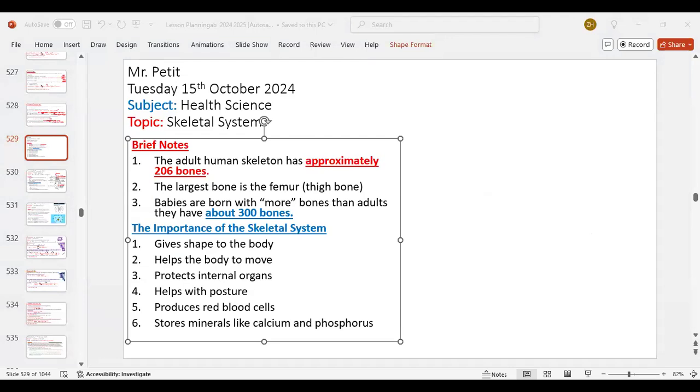What do you see on my screen? Can you read the importance of the skeletal system? That's all I asked you to do.